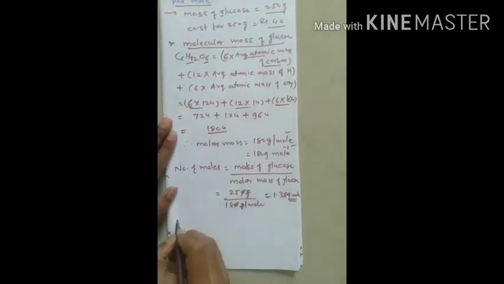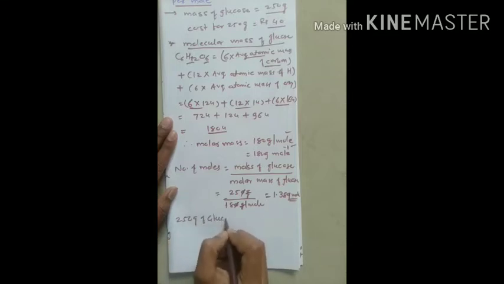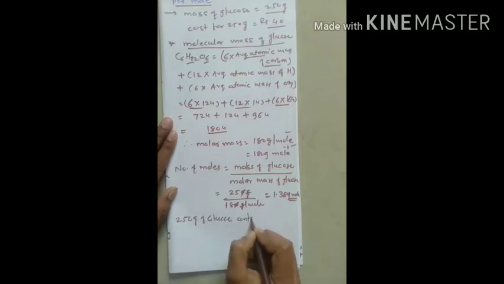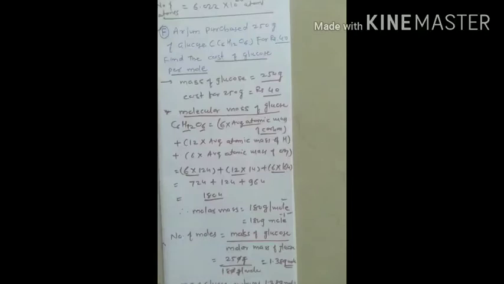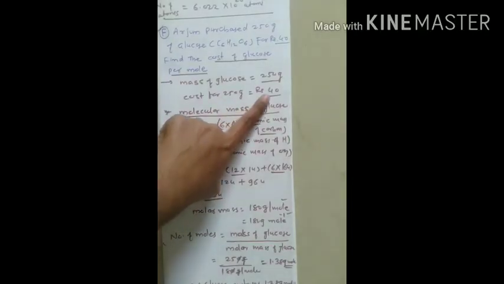So I can write here, 250 gram of glucose contains 1.389 moles, isn't it? And the cost of 250 gram of glucose is rupees 40.